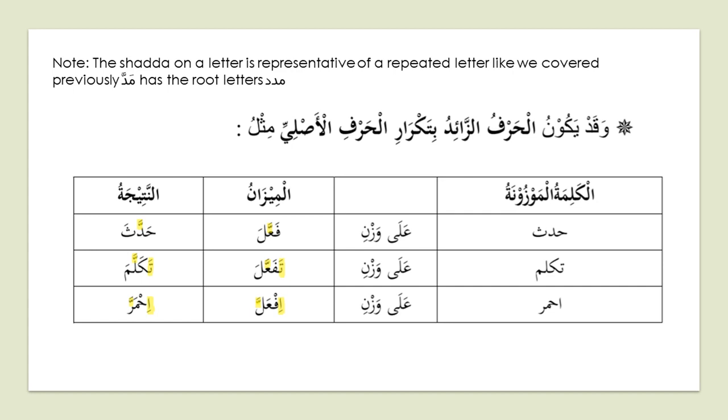The increase is? Alif and Ra, correct. Ihmarra is being increased by the Alif at the beginning and the repetition of the Ra, on the scale if'alla. And this scale will also come to us.